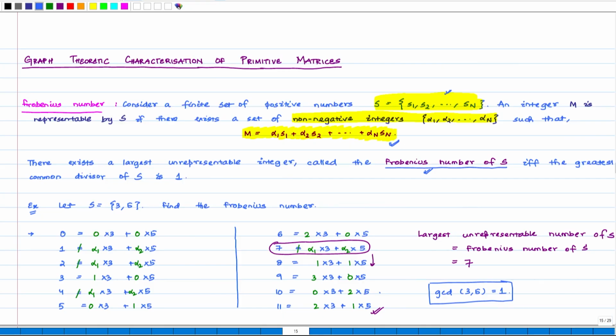Okay. So where do we actually use the notion of a Frobenius number? In order to understand that, we need to talk more about how walks of various lengths can be created using the cycles in a digraph. So let's see how that goes. Now, let us consider a digraph which is strongly connected.